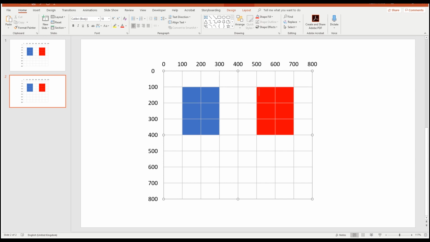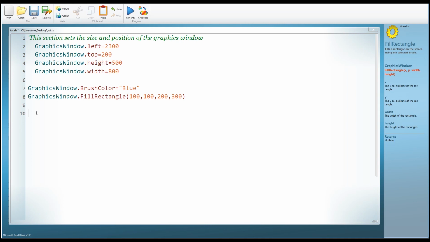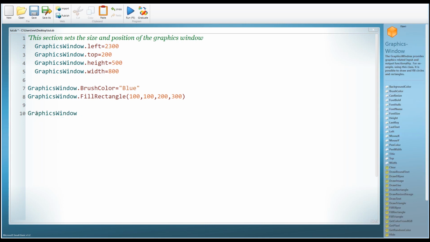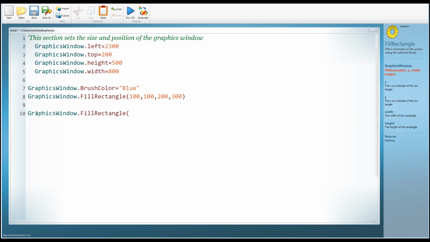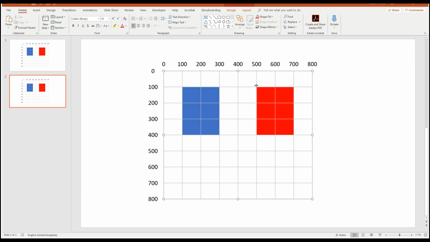So that's my coordinates. So I'm going to do a graphics window dot fill rectangle, and my X is 500 and my Y was 100. So that's the X and the Y of this top left corner.